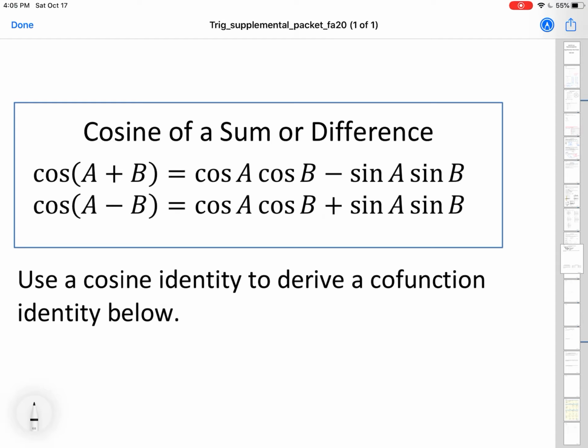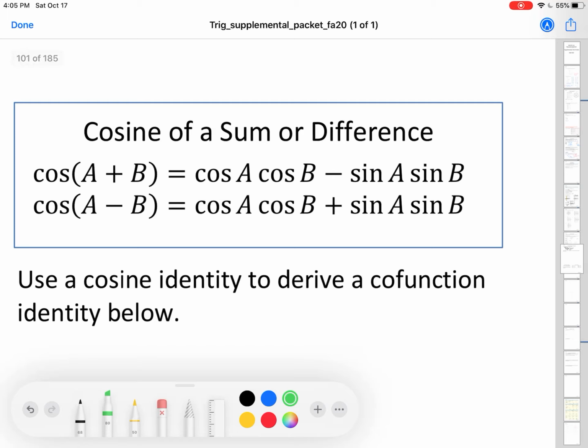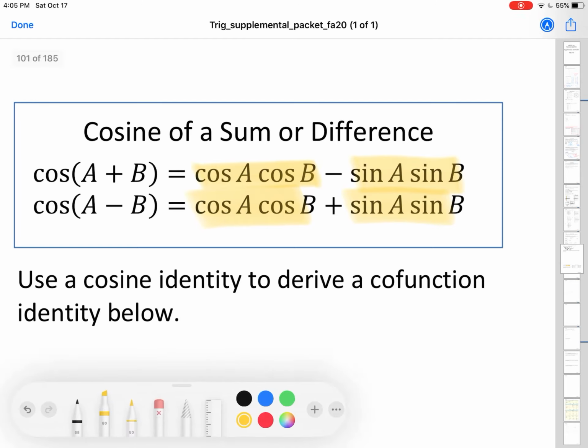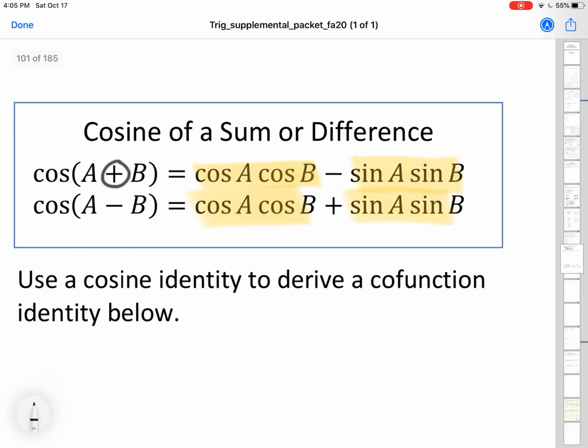So the way that I'm suggesting to memorize this, now there's going to be two sets, one for cosine, one for sine. You haven't seen the one for sine yet. So what I want you to know is this. When you look at this, they're both the same. Cosine, cosine, sine, sine. So the same. Cosine, cosine, sine, sine. So because they're the same, what's going to be the difference is going to be the sign in the middle.